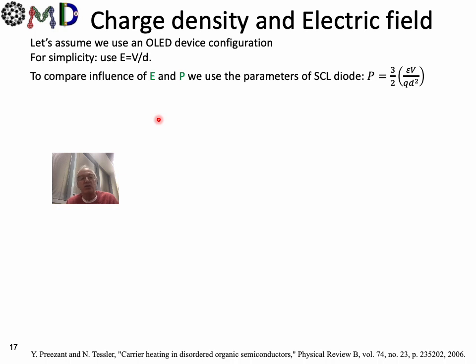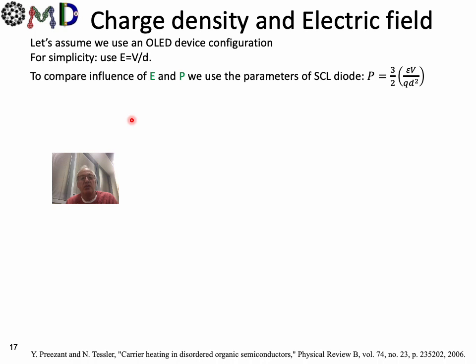So I thought we'll have a quick look at OLED measurements, and we'll simulate a measurement where we deduce the mobility from the data after applying bias to an OLED.